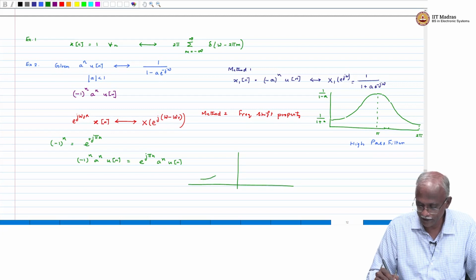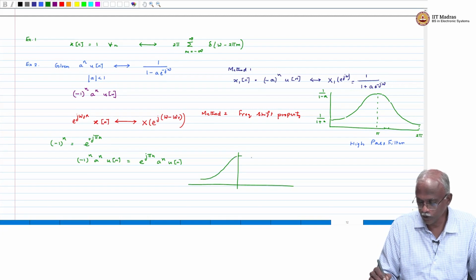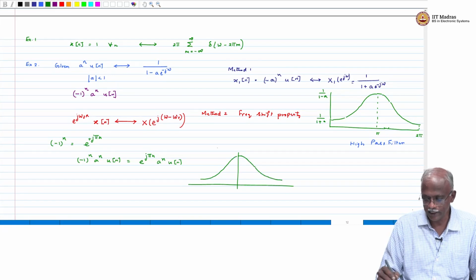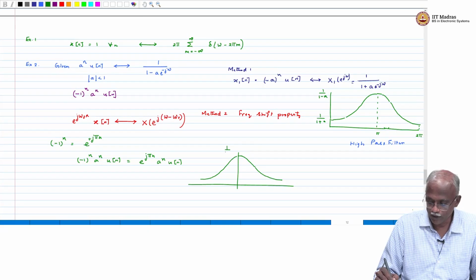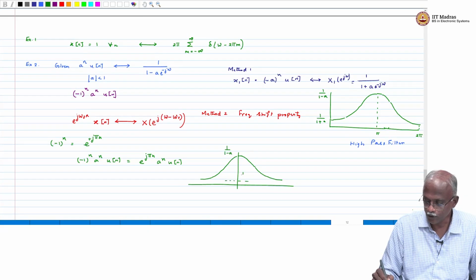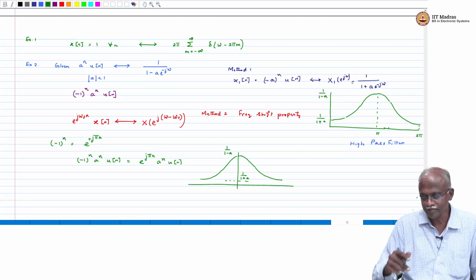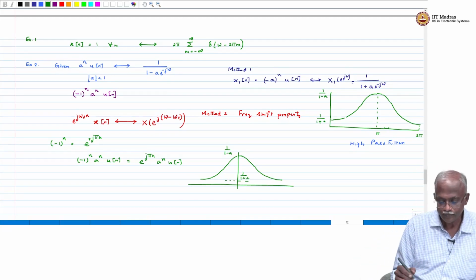It looks like this. It goes from 1 over 1 minus a to 1 over 1 plus a. So, this height is 1 over 1 minus a, the lower value is equal to 1 over 1 plus a. It is a low pass filter.